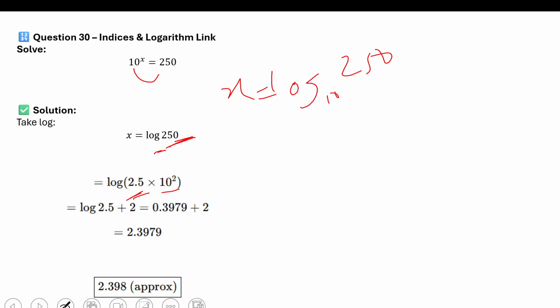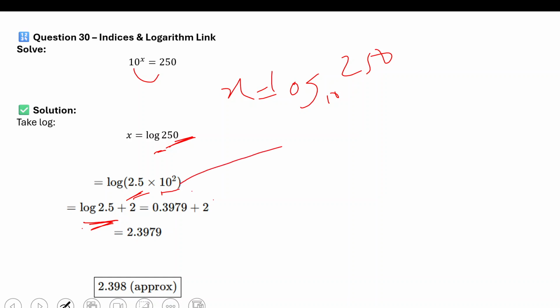So the log outside can act on the values inside. I have log 2.5 plus log of 10 to the power 2 to base 10, which is actually 2.